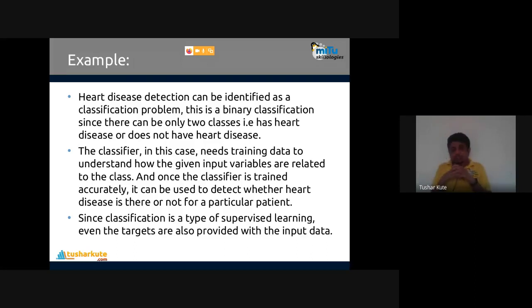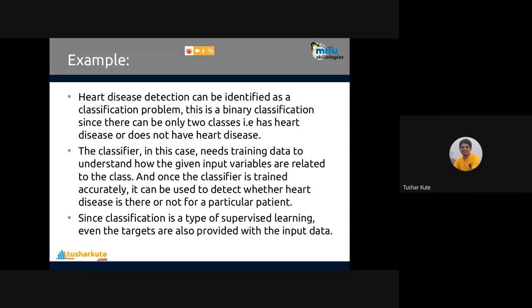Training data is required to train the algorithm and build the model. Once the classifier is trained accurately, it can be used to detect whether heart disease is present or not. We provide a data set which contains a few yes and a few no. The algorithm will learn from it, build a model, and accordingly make predictions on new data.